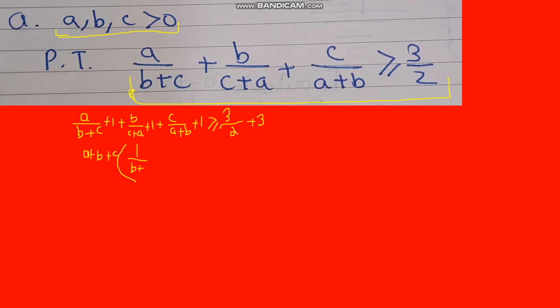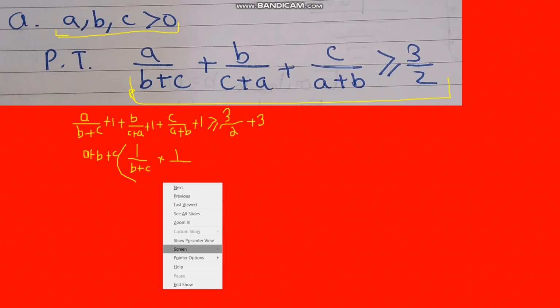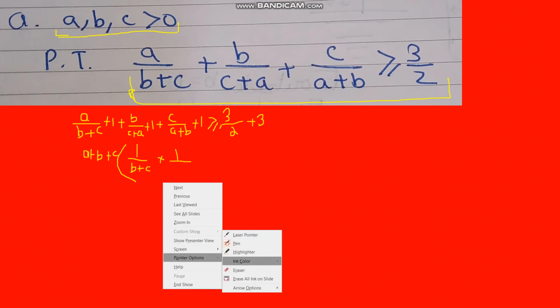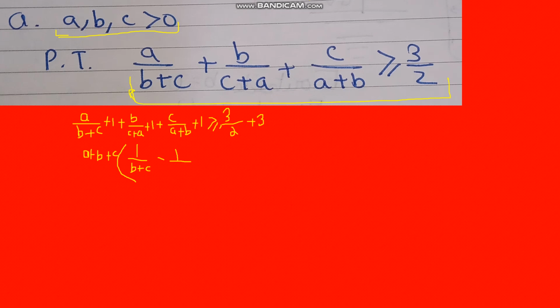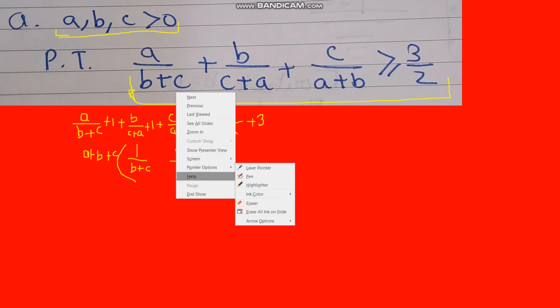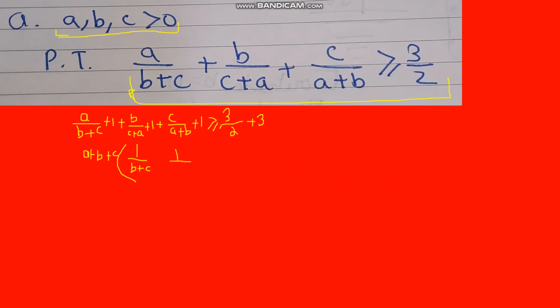This is the so-called trick to get rid of the numerator. This is addition. I write addition. And here this is addition.